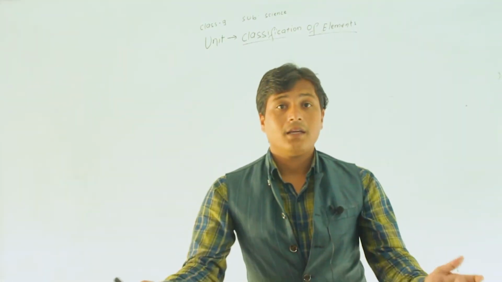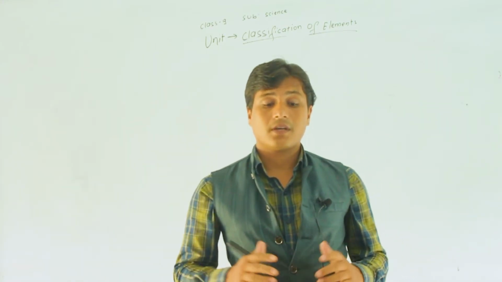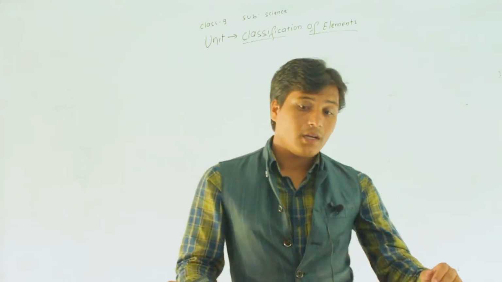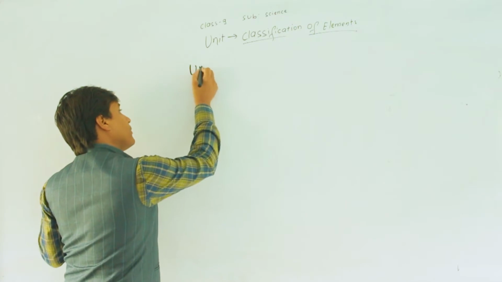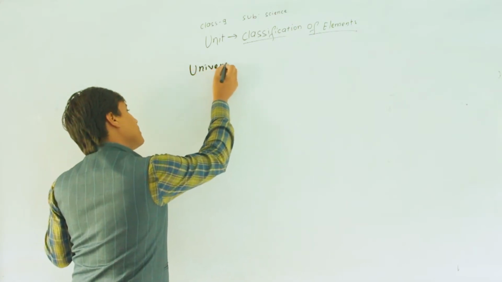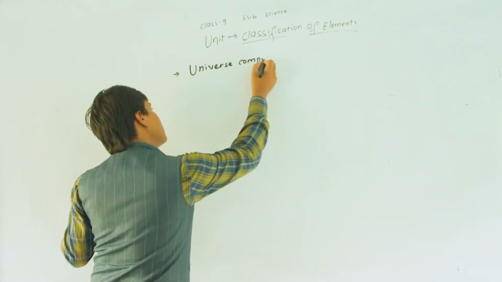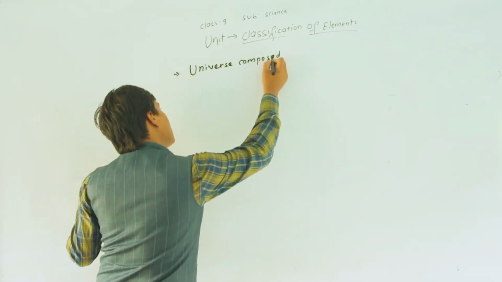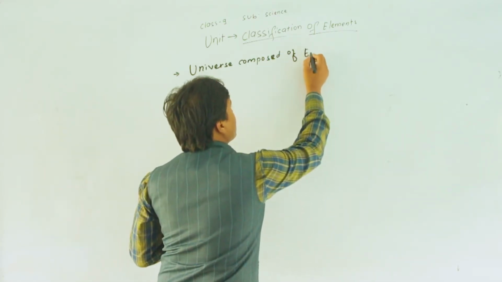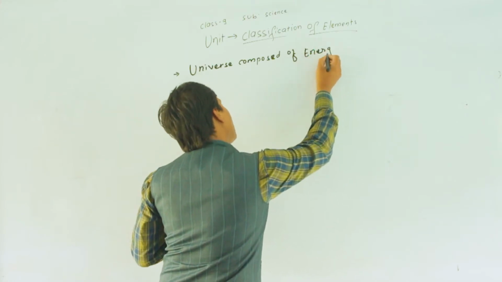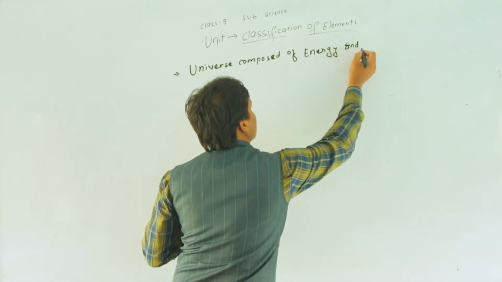A galaxy is composed of energy and matter. So the universe is composed of energy and matter. There are two main components: energy and matter.